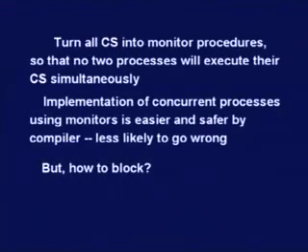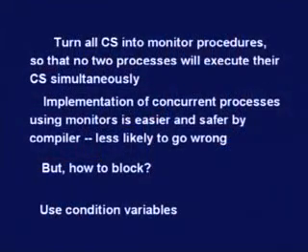But how do we block the process? We have not seen any blocking variable yet. We have seen only the integer variables. That is where we come to the condition variables. If you recall, we had the condition variable inside the monitor. So, this condition variable will be used to block a process from entering or calling the monitor procedure.